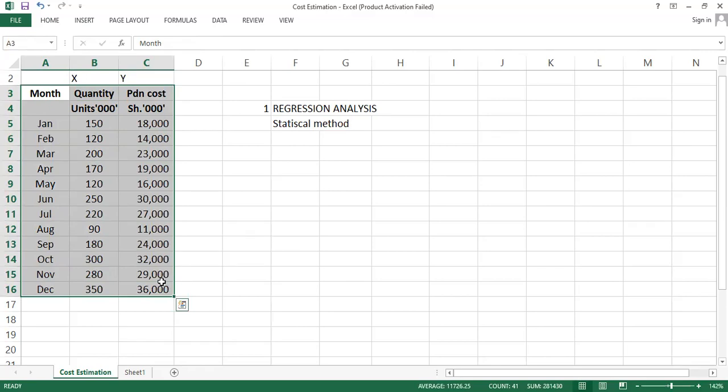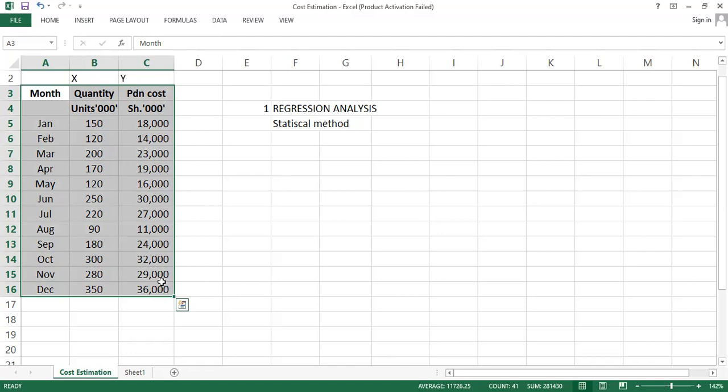Every single figure, every single data, we shall use it to estimate cost now. The question is, how does the regression analysis then estimate cost? How does it come up with the equation of y? Y is equal to a plus what?